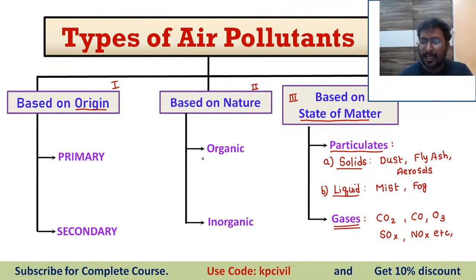Then based on chemical nature, air pollutants are differentiated into organic and inorganic. Organic air pollutants: hydrocarbons, volatile organic compounds. Inorganic: again we can write down n number of inorganic pollutants.